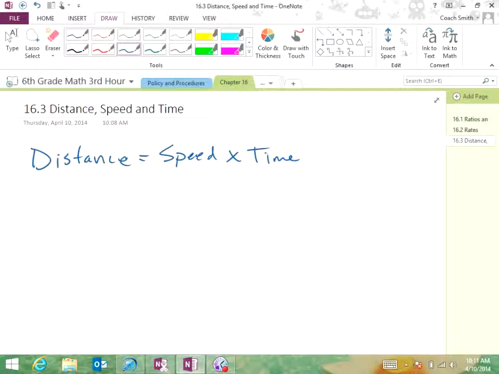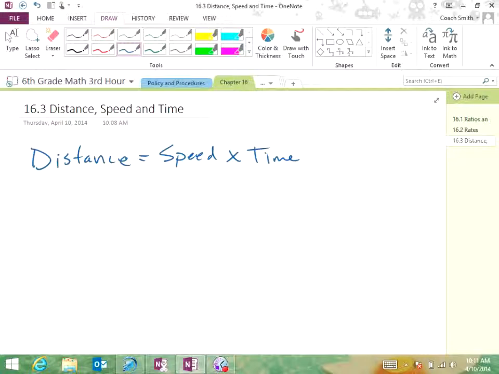Jesse, if I go 60 miles per hour and I traveled for 4 hours, how much distance did I cover? 240 miles. Okay, thank you. We took the speed, which is 60 miles per hour, and the time, which is 4 hours, and we multiplied the 2 together. So that's the first formula and how you use it.